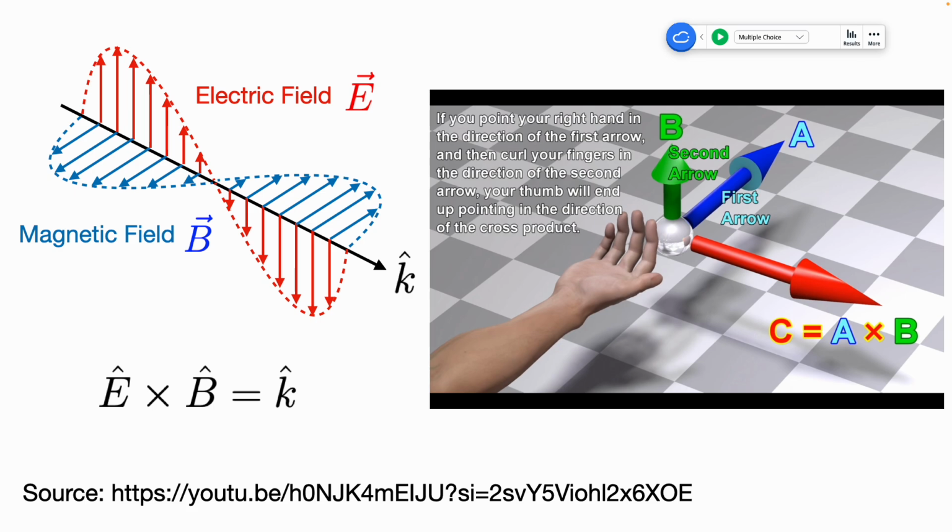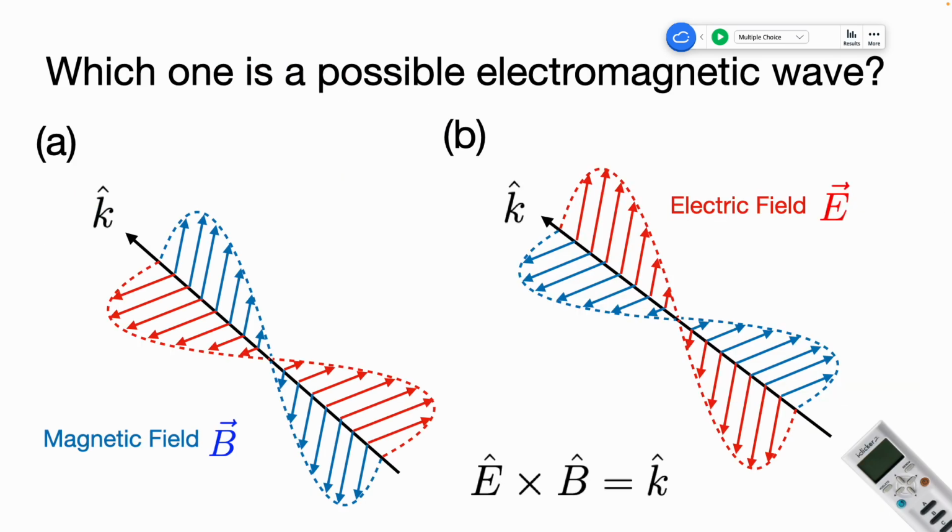Now, make sure you understand it, because now I'm going to question you on which one is actually a physical electromagnetic wave. The electric field and magnetic field cannot go just anywhere. The direction of the electric and magnetic fields is not arbitrary. They must follow a physical rule: the direction of E cross the direction of B needs to be the direction that the wave is traveling.